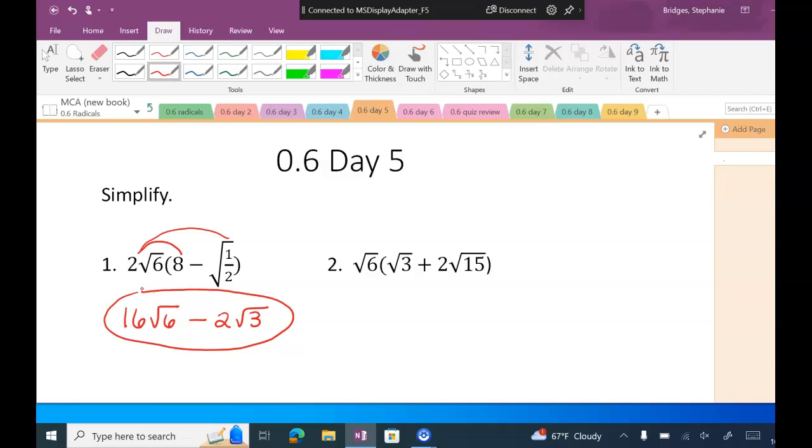So again, distribute that square root of 6 to both terms inside your parentheses. Once you do that, then you want to see, can you simplify each radical?